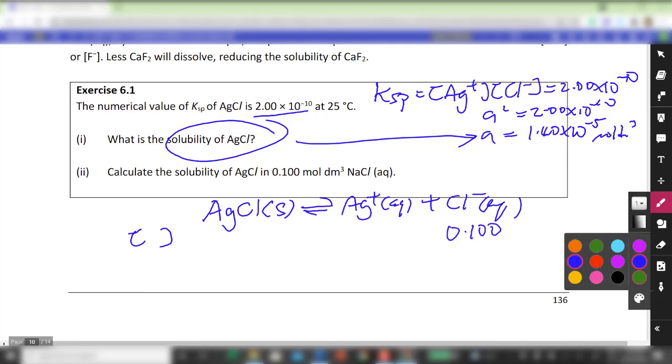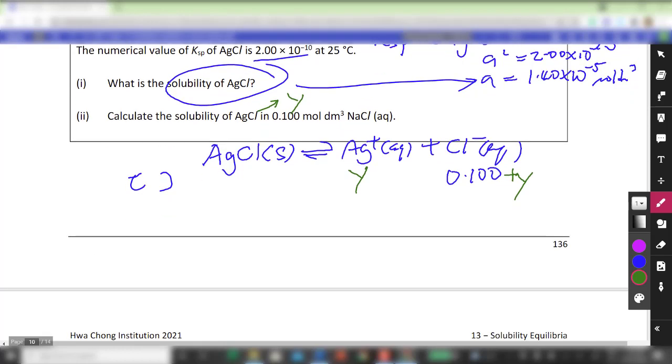And in this case, let the new solubility of silver chloride be y, for example. So silver plus will have y amount, and then chloride will be 0.100 plus y. Okay, then in this case, the Ksp expression will now be y multiplied by 0.100 plus y equals 2.00 times 10 to the power minus 10.